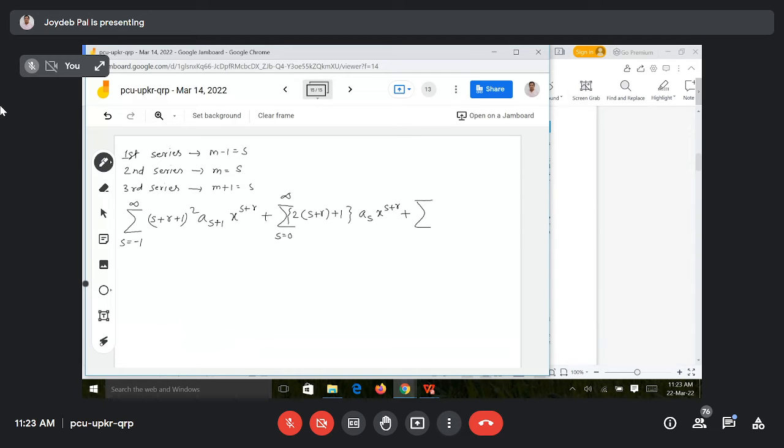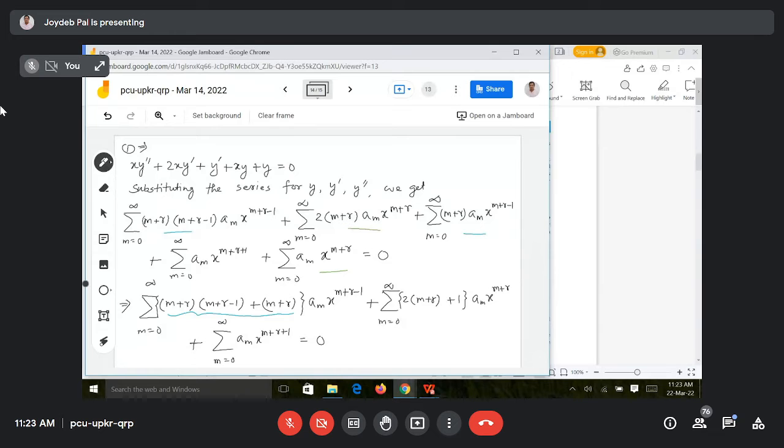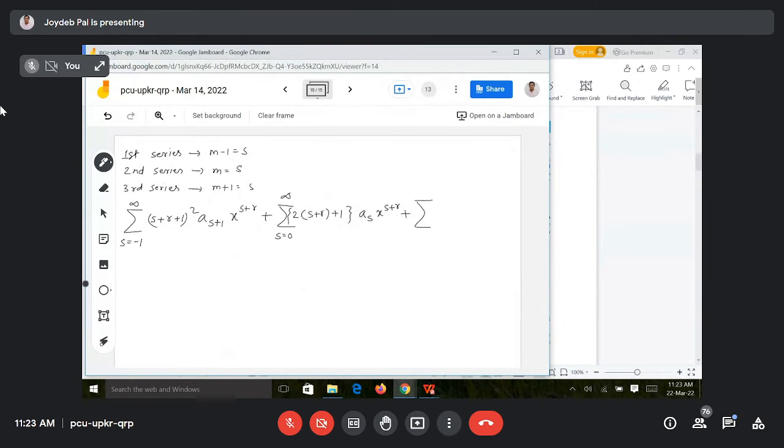And for the third, I have taken m plus 1 is equal to s. So if you put m equal to 0, s is 1, right? For the third, m is equal to 0 means s is 1. So s from 1 to infinity, m is equal to s minus 1. So a_(s minus 1) x to the power s plus r is equal to 0. Am I correct?